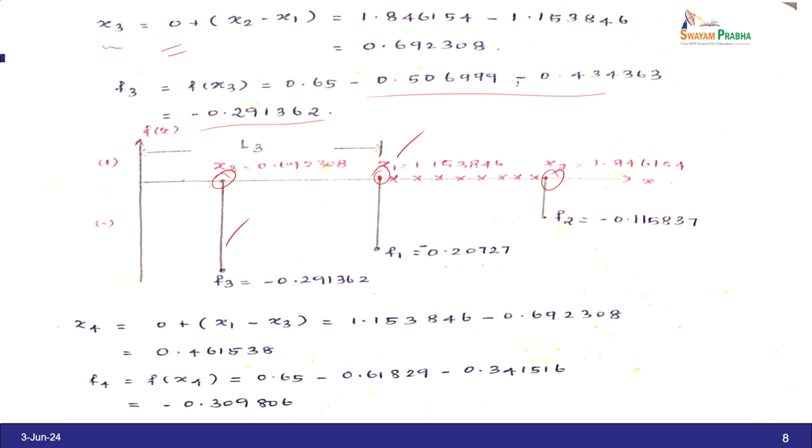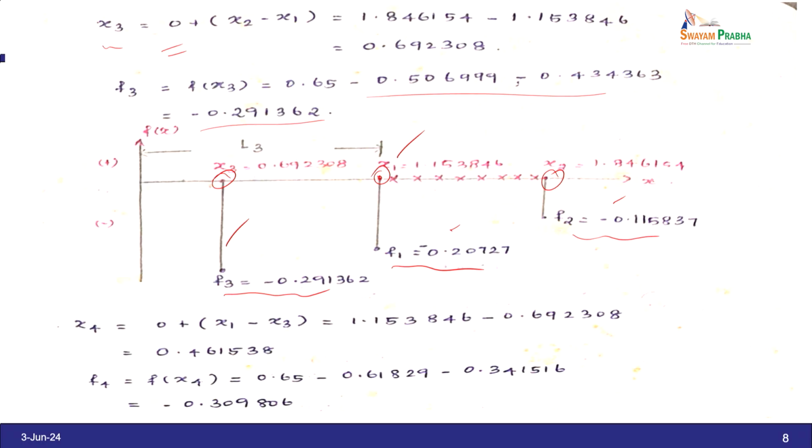Then subtract the corresponding functions; f3 is here, and f1 and f2 are here. Comparatively study all these. Now, f3 looks lower, and f1 and f2 lie above f3, then you start.